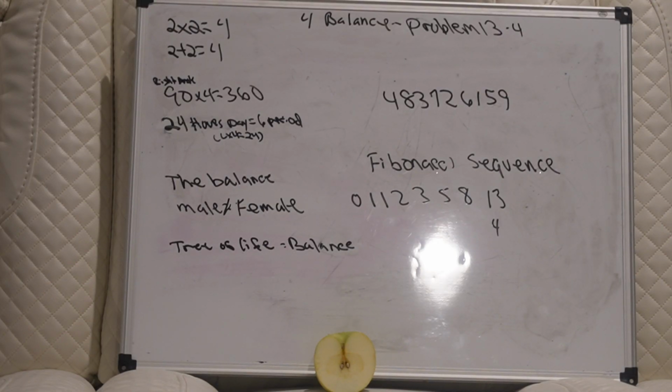And the only number like that other than 2 is 0, because 0 times 0 equals 0, 0 plus 0 equals 0. But the result of 2, something is actually manifest, which is balance. So the number 4 and the number 2 sort of work hand in hand.